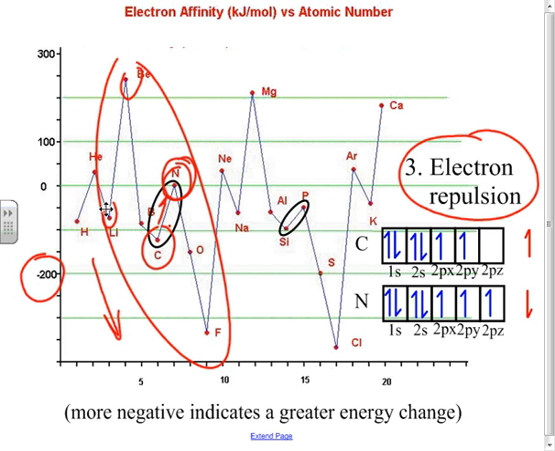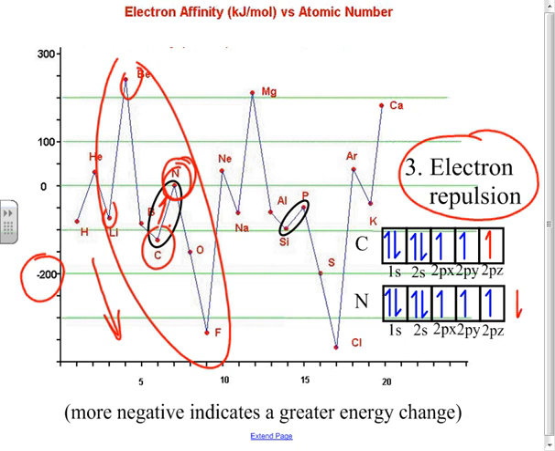Here is carbon's ground state electron configuration. If we want to add an electron to that, carbon has this open orbital that you can put an electron in, and that creates a fairly stable 3 unpaired electrons, half filling the 2px, 2py, 2pz.